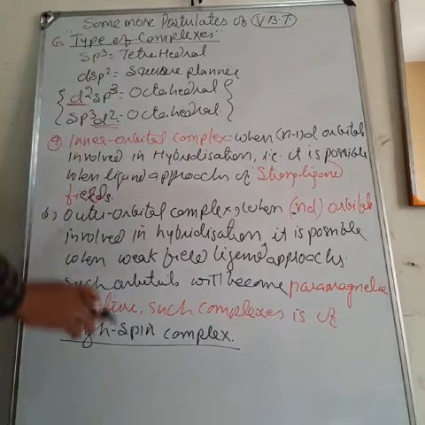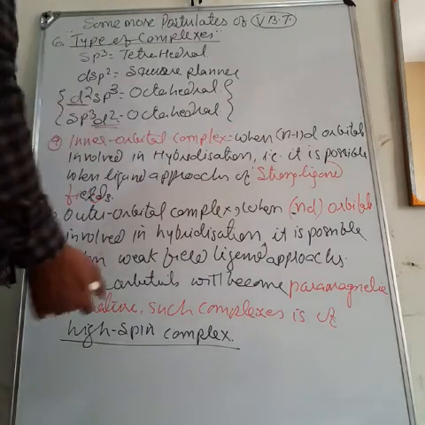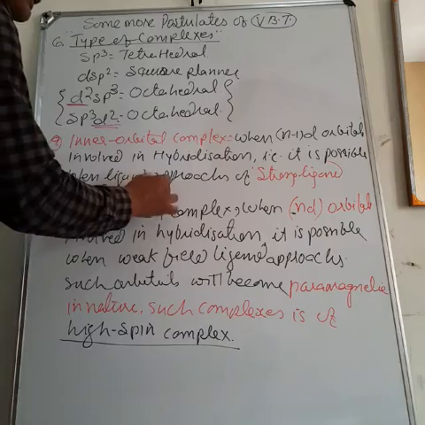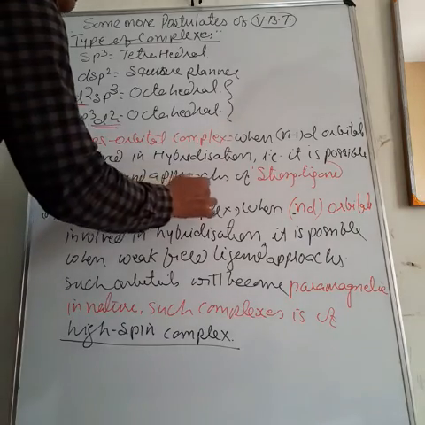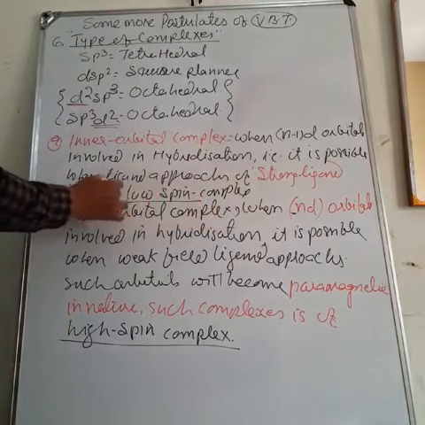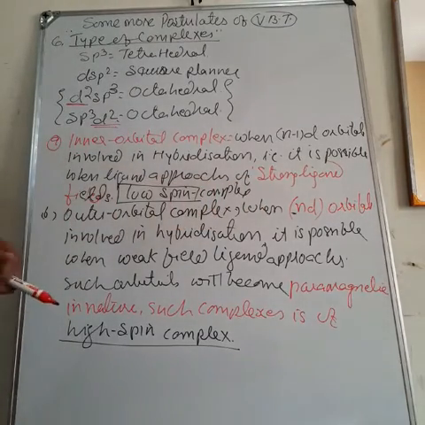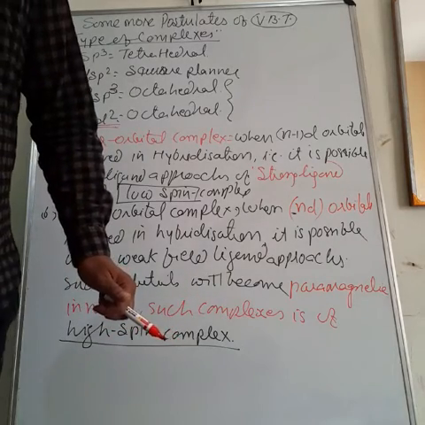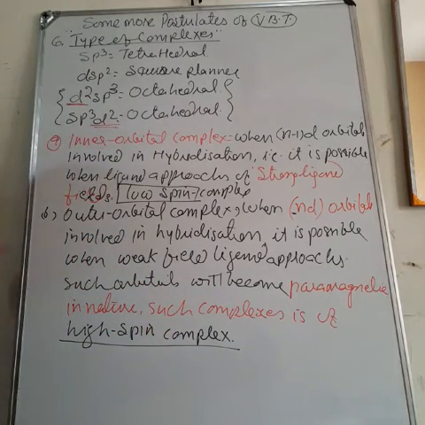While there is a lesser number of unpaired electrons or none, such complexes are called low spin complexes. So two types of spins are there: high spin and low spin. The low spin complex is formed by the inner orbital and the high spin by the outer orbital.